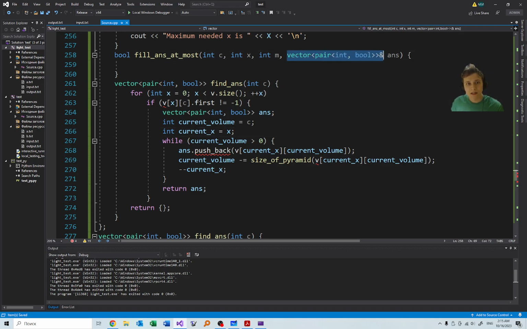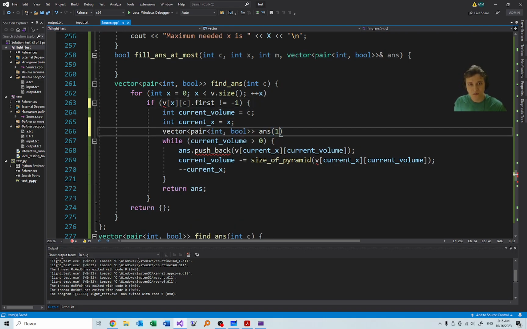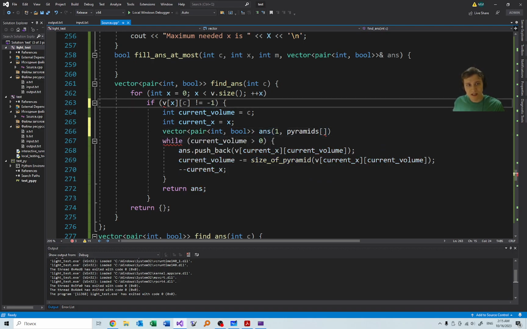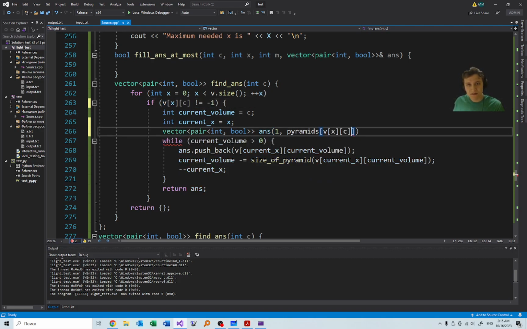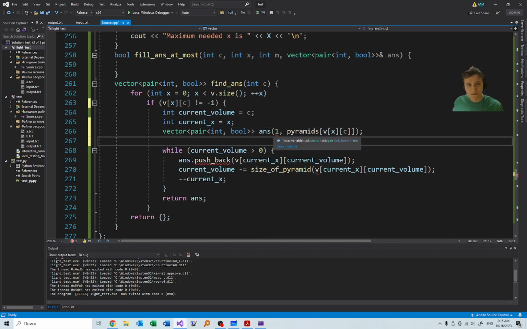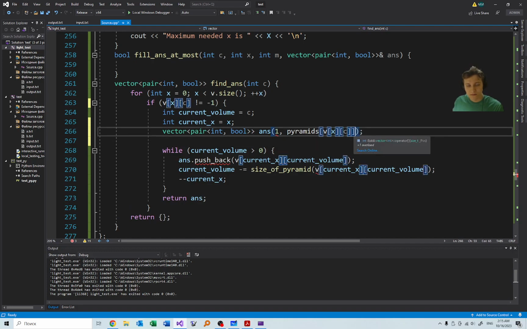Okay, so I create the answer of size 1 and pyramids VXC dot base.